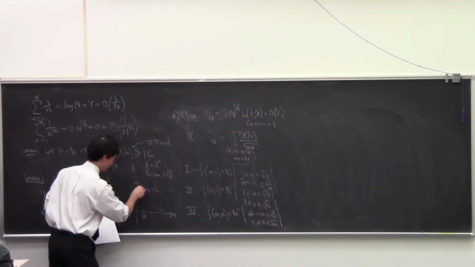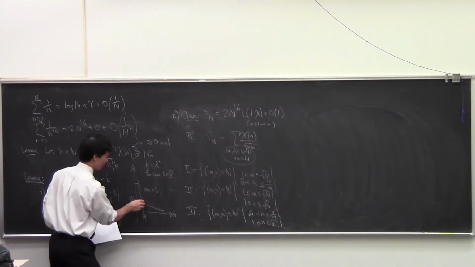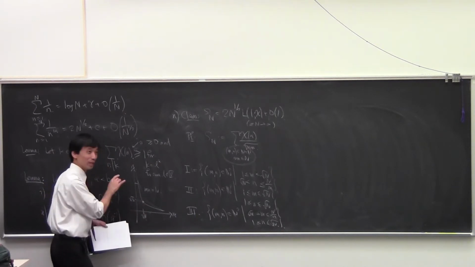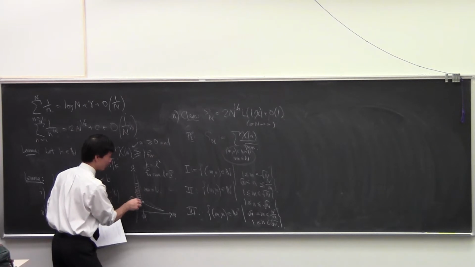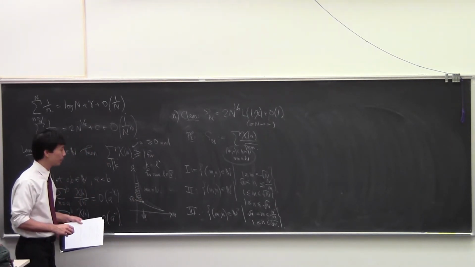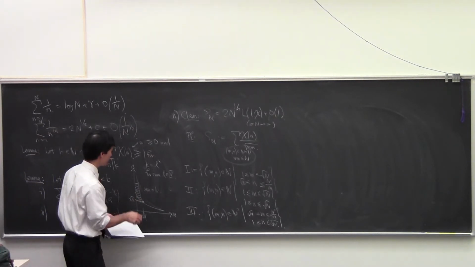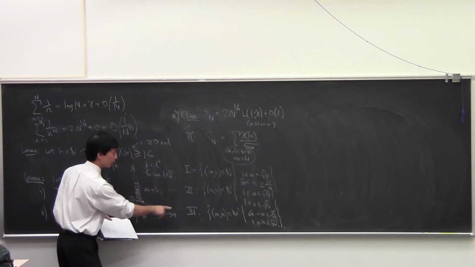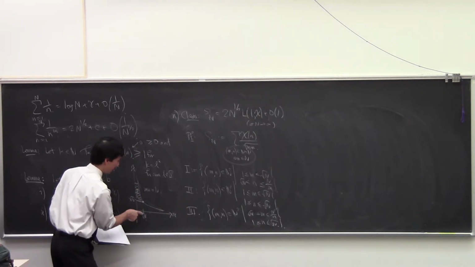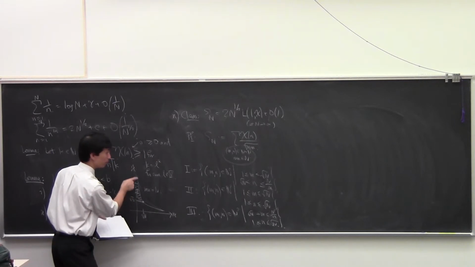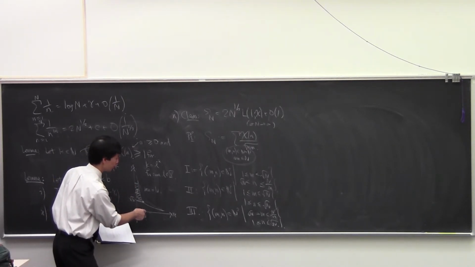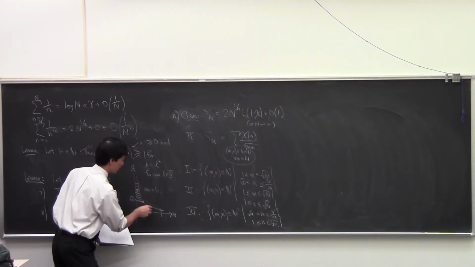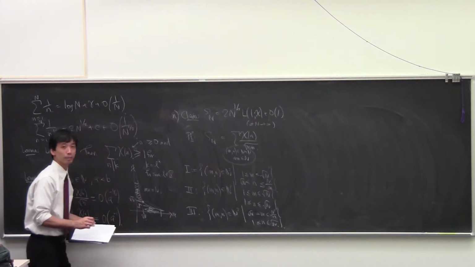This point should be on the hyperbola. So it's this region here, that's region 1. Region 3 is similar: n ranges from 1 to root N, and m ranges from root N upwards. So this is region 3, and this is of course region 2.